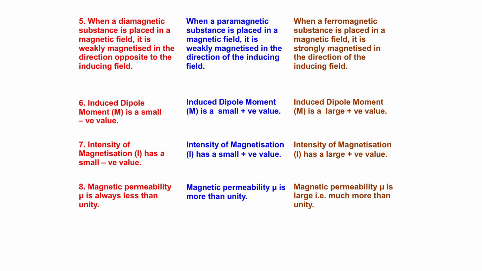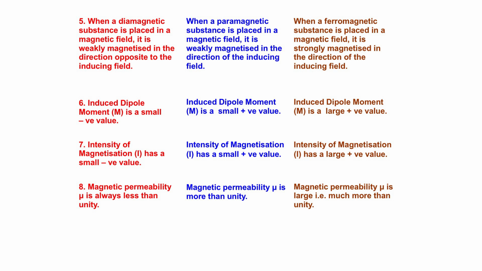The second one is strongly magnetized, and the third one more strongly. The induced dipole moment is very small in the diamagnetic case, as we have discussed, but for the para and ferromagnetic substances it is small but positive in nature, whereas for the diamagnetic it is negative in nature.